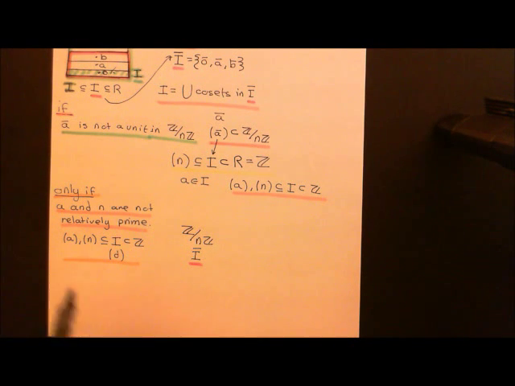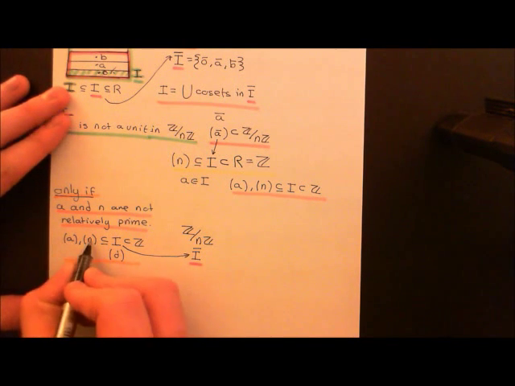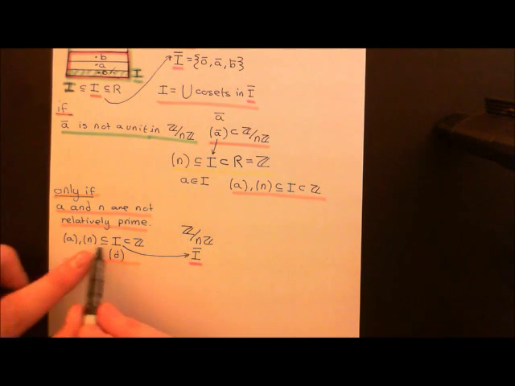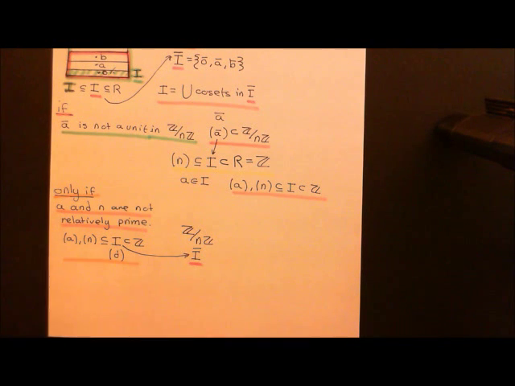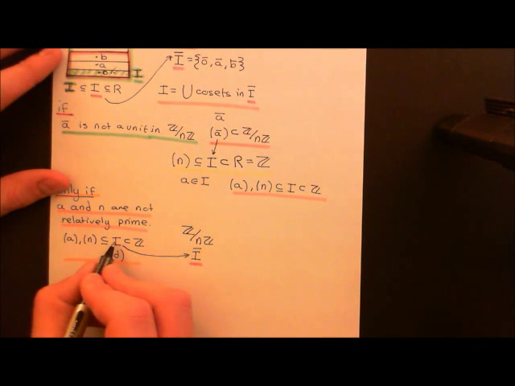And what is one of the elements that this is going to have to contain? Well, remember how we go from an ideal that contains the ideal that we're quotienting out by to an ideal in the quotient ring. We look at all of the elements in here and partition them into the additive cosets of this ideal here. Now, one of the elements that you're going to have in here is A, because the entire principal ideal generated by A is contained in here.